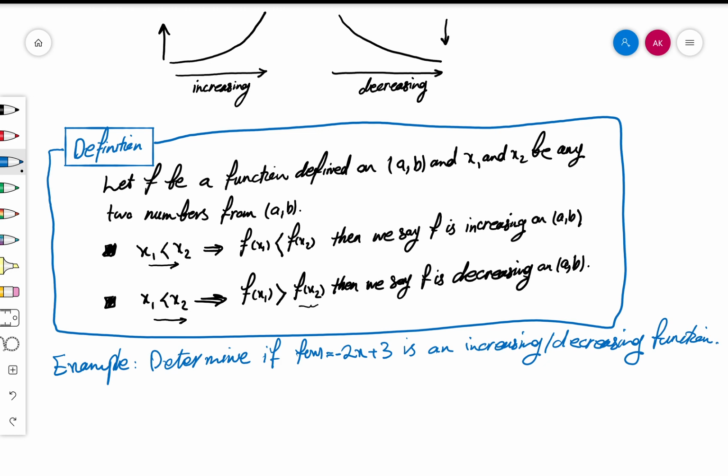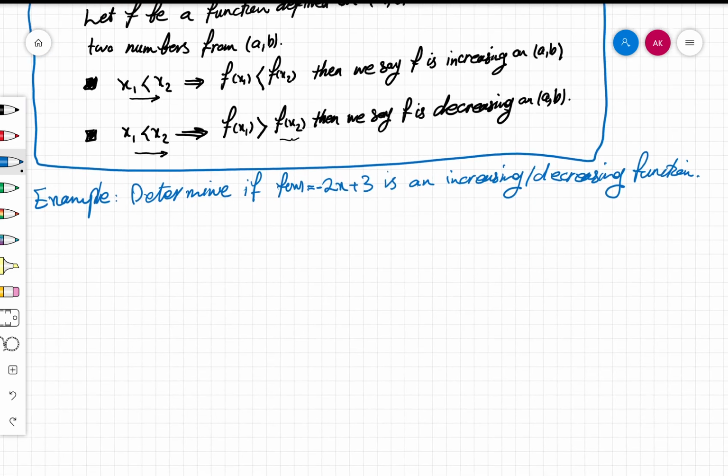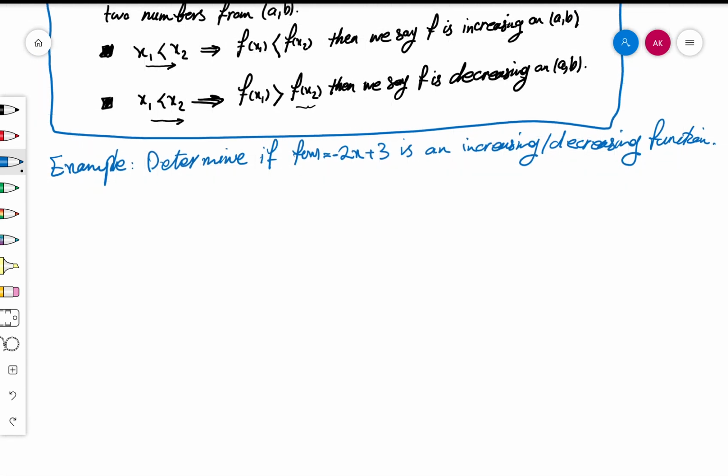Well, in the previous video, we saw that we can sketch the graph of this function. This is a line again, and you can see if it is increasing or decreasing. But let us try to see if we can determine it by using the definition.